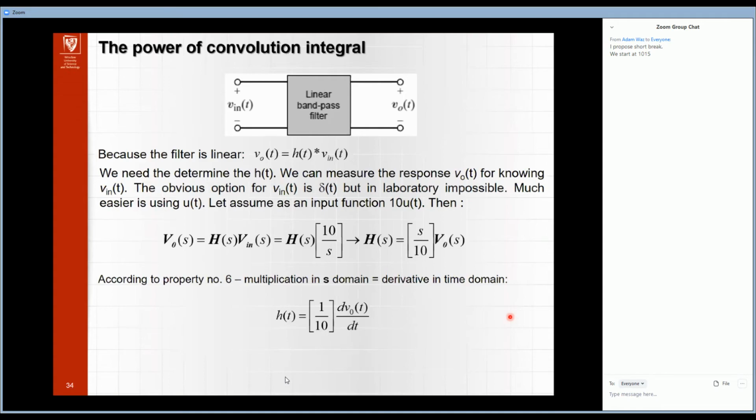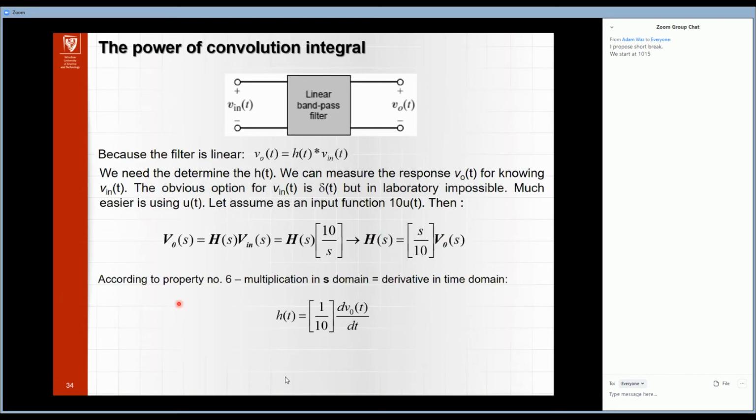So let's assume that the input function is 10 multiplied by the step function, with magnitude 10. As a result, the output voltage in the S domain, instead of V input, we put 10 by s. When we want to find H(s), we have just V output multiplied by this factor.